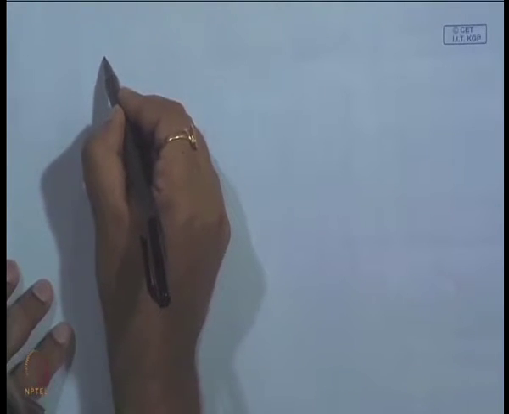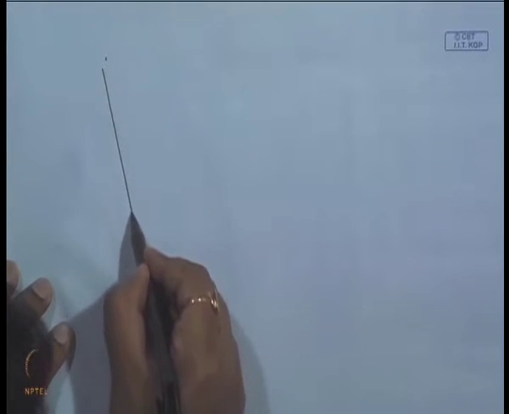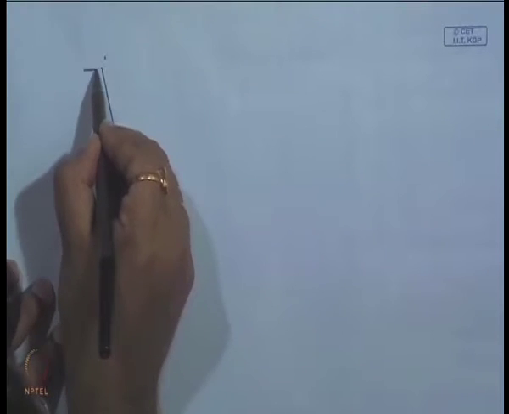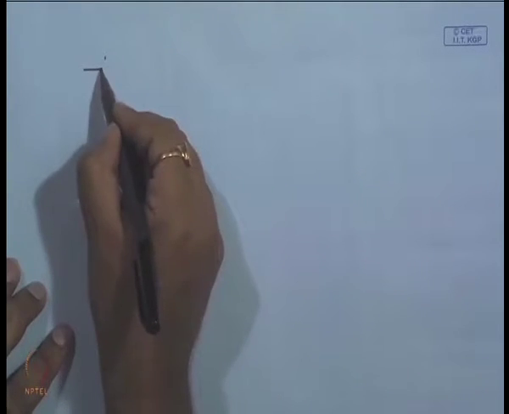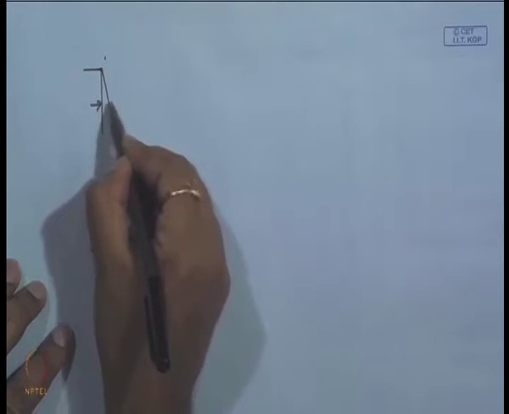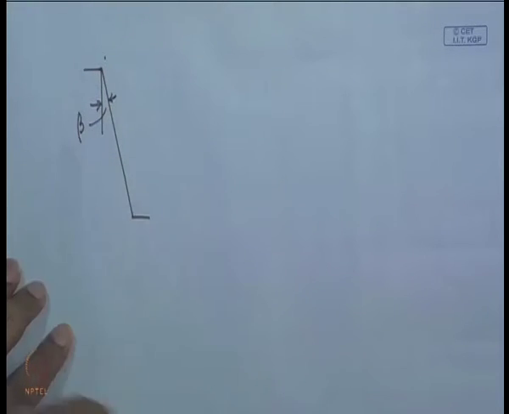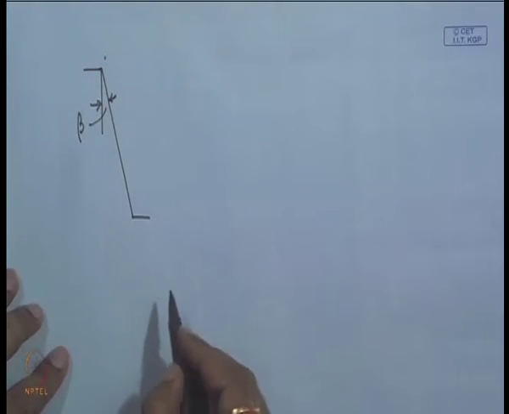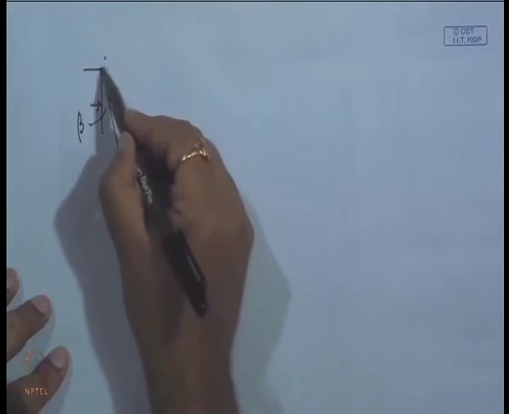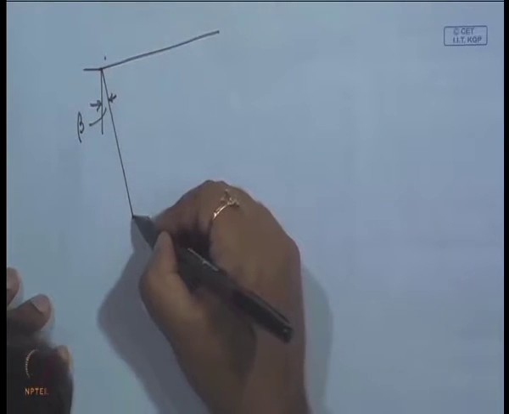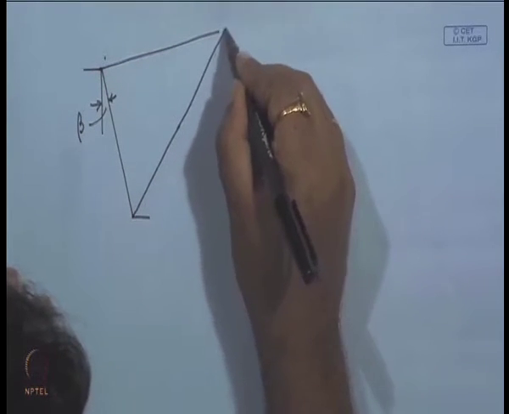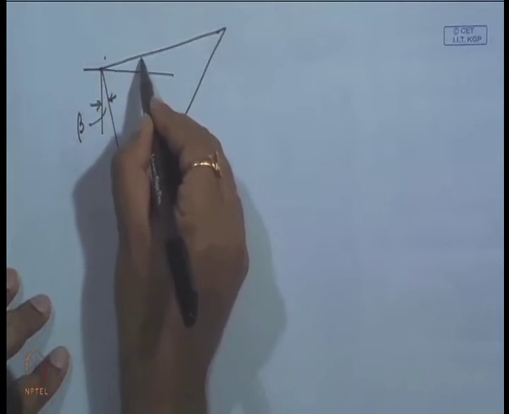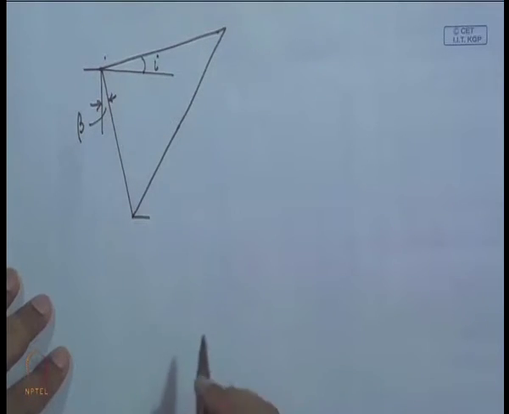So, we will consider the same retaining wall for the seismic condition, which is making an angle beta with the vertical, and this is the failure surface. This i is the angle of the backfill with the horizontal.